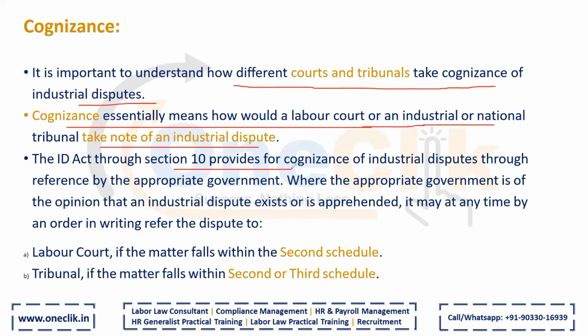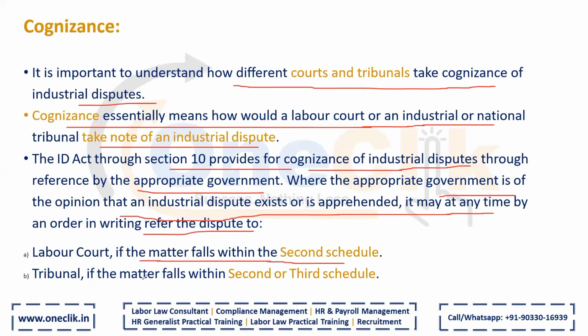Section 10 of the ID Act provides cognizance of industrial dispute through reference by the appropriate government, where the appropriate government is of the opinion that an industrial dispute exists or is apprehended, at any time, in writing. Labor court if the matter falls within the second schedule, and tribunal if it is second or some of the third schedule, with 100 plus employees also.